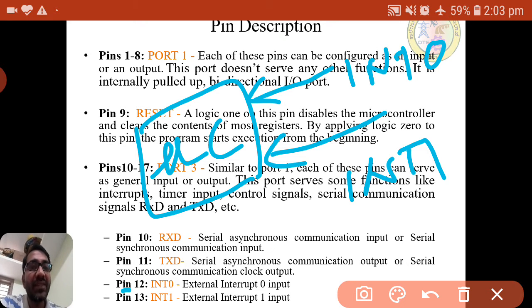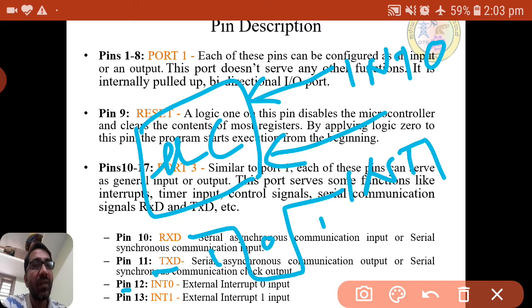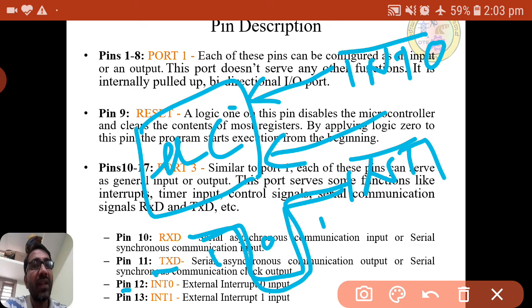If it is interrupt bar, it is active low. If the bar is not there, it is active high. If the signal comes like this, as an active low pulse, the microcontroller understands that an interrupt has come for this particular pin.